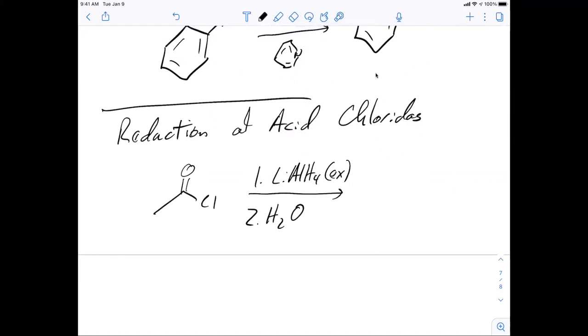Okay, reductions of acyl chlorides. We'll look at the mechanism on this one. When we do this reduction, we reduce this all the way down to the alcohol. And probably better draw it this way. So we added two hydrogens.